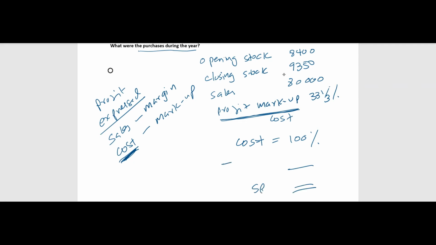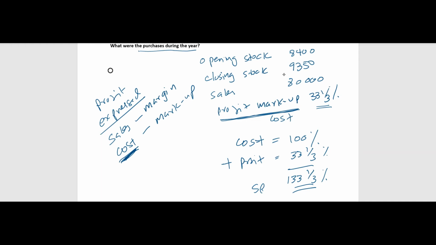You are given the markup as 33 and 1/3, so just add the markup, which is the profit, to the cost. So your selling price will be 133 and 1/3%.